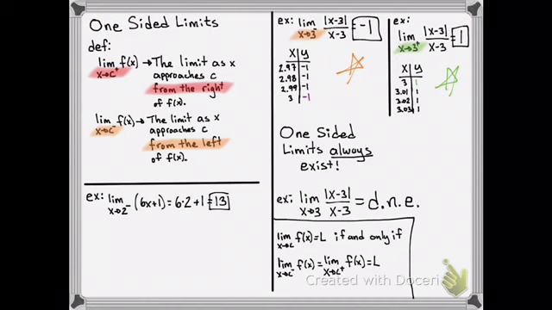We normally don't need to write the reason, but you're learning, and so I need you to understand the reason. That does not exist because the limit as x approaches 3 from the left of f of x equals negative 1, and the limit as x approaches 3 from the right of f of x is positive 1, and negative 1 does not equal positive 1, so the limit cannot exist.